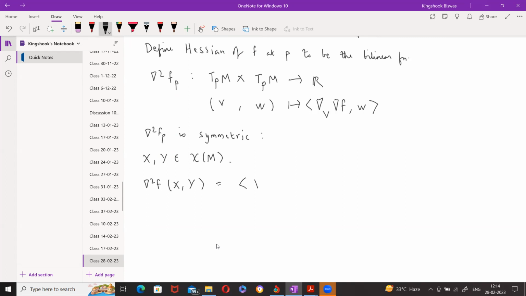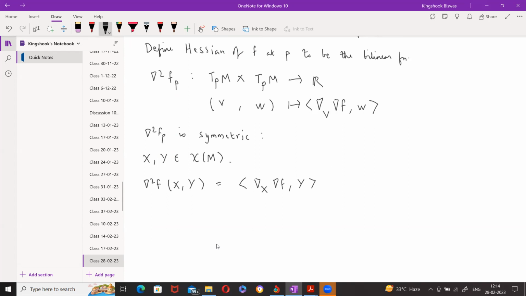It is the inner product of nabla_X of grad f with Y. Now, what is the connection I'm using on the tangent bundle? It's the Levi-Civita connection, the Riemannian connection. That satisfies the metric compatibility property.